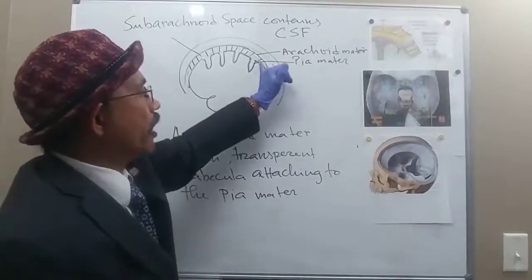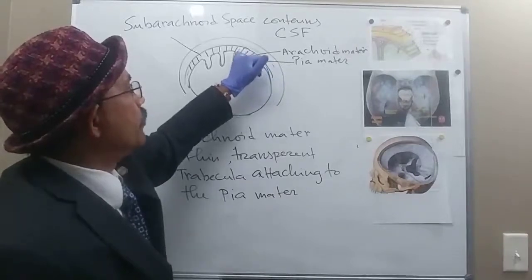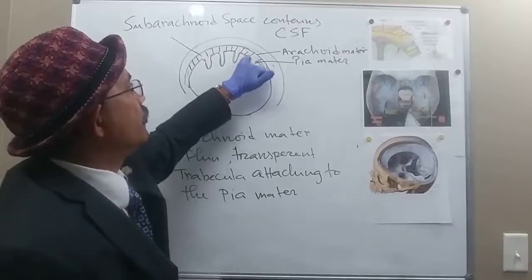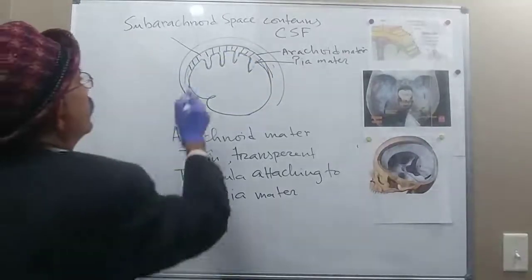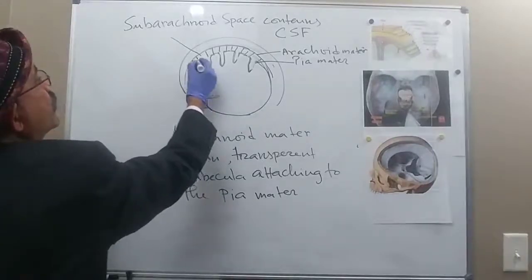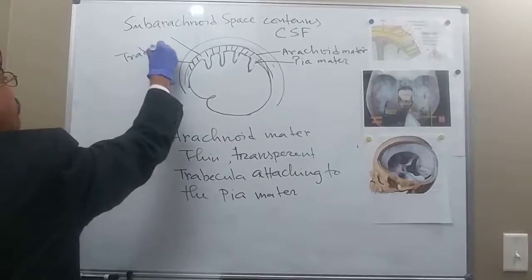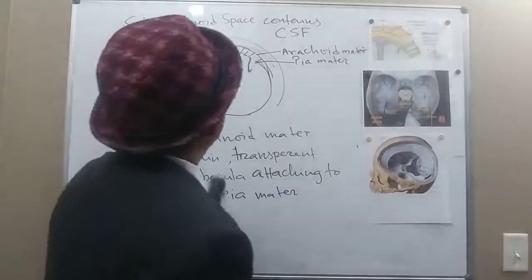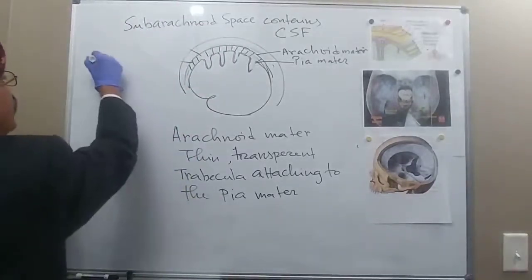It is enmeshed with blood vessels and enters into the deepest area of the brain, the sulcus. It is on the sulcus and on the gyrus, and these are the arachnoid trabeculae. We have numerous trabeculae.